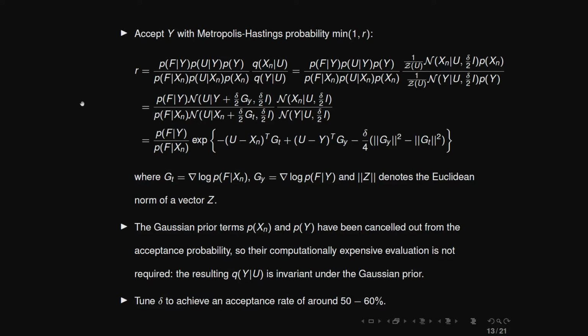In 1 million dimensions, you run your MCMC, and every time you have to call it and do the calculations. Although it's not very expensive, it still makes a lot of sense to use a proposal invariant to the prior. There is a delta in this algorithm, and this is something that we tune. This is the usual tuning parameter in the Metropolis or Langevin algorithms.